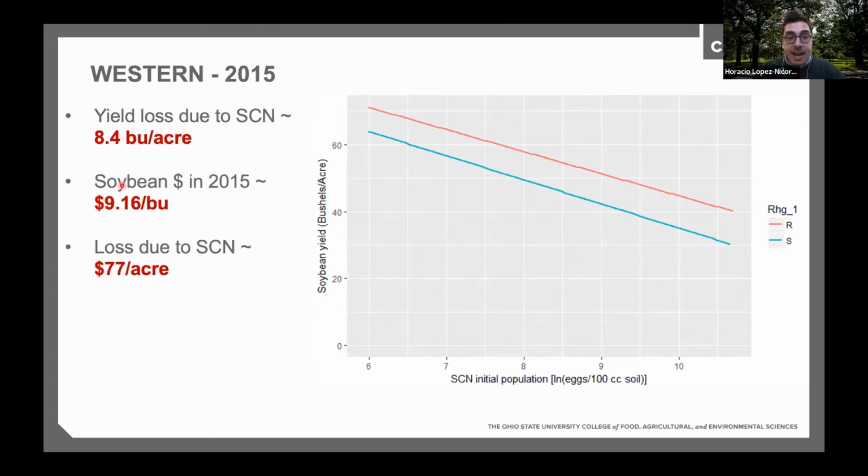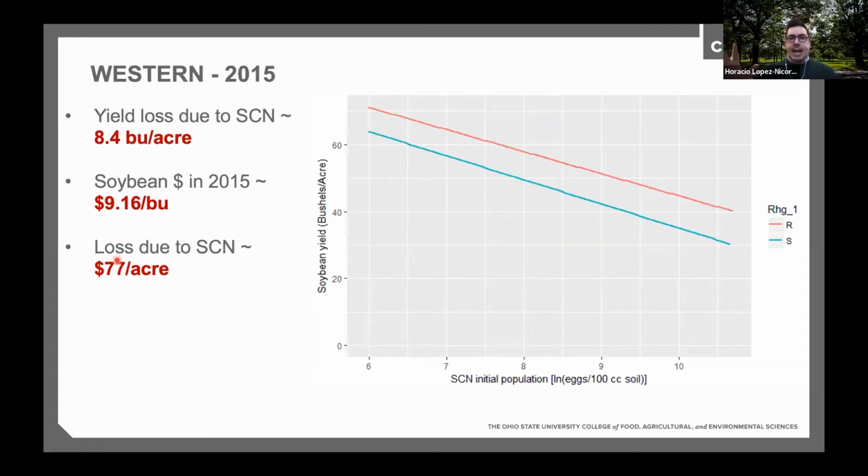At the soybean price at that time, 2015, if you recall, we are essentially losing $77 per acre if we decided not to plant a resistant variety in that field. With the price of soybean today, that's what, $110 per acre? Pretty significant.